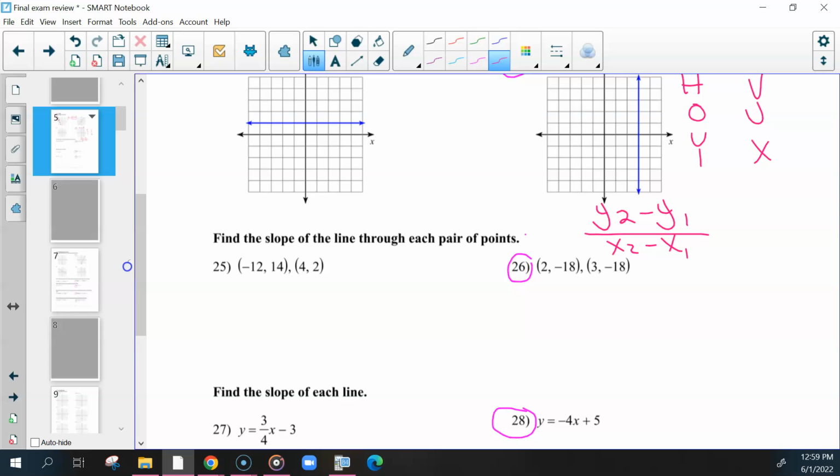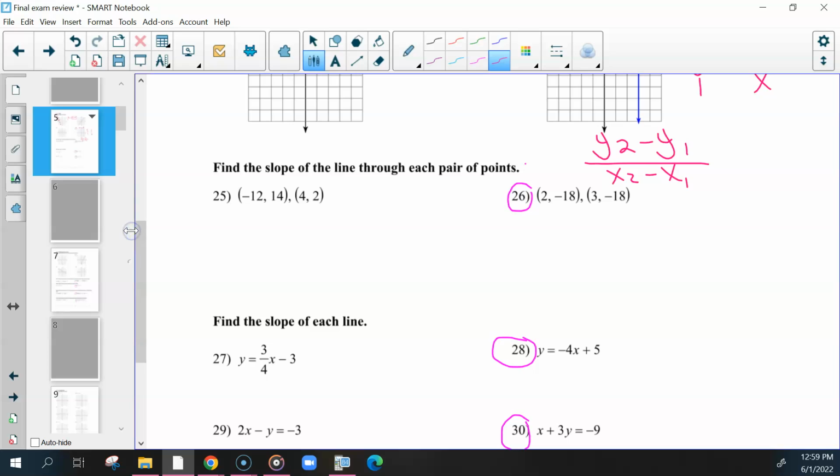If you need to label these points, x1, y1, x2, y2. And then go ahead and subtract. So here, our y2 would be negative 18. We're always subtracting. And then our y1 is another negative 18. All over, our x2 is 3. We're subtracting.